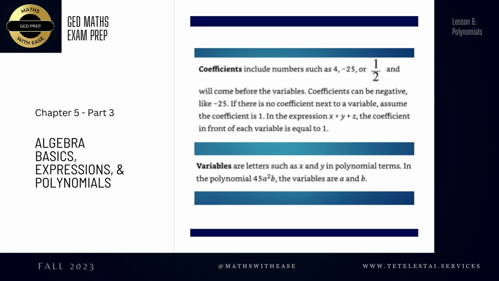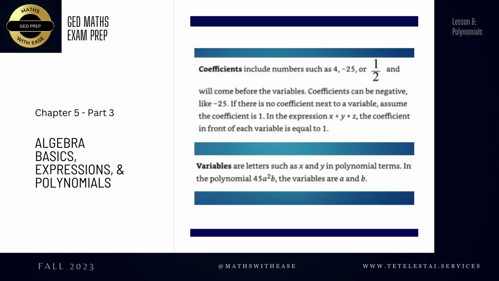If there is no coefficient next to a variable, assume that the coefficient is 1. So in the expression x plus y plus z, we assume that the coefficient in front of each variable is 1. So you could rewrite this as 1x plus 1y plus 1z, but nobody does that. It's just written x plus y plus z with the understanding that the coefficient in front of each variable is 1.